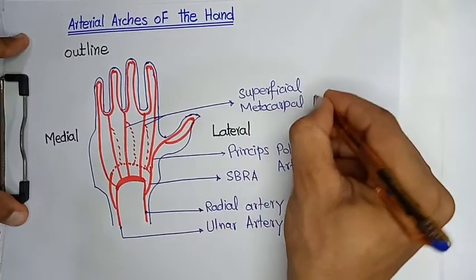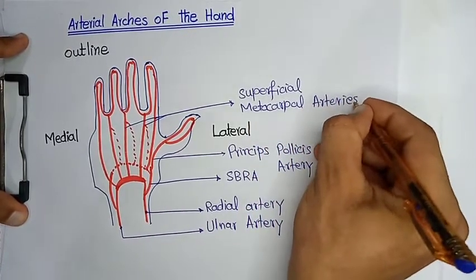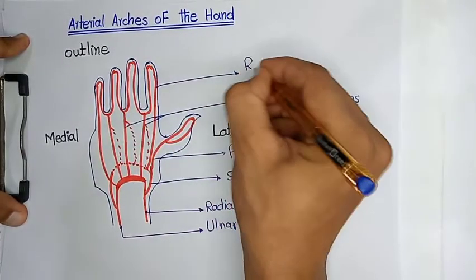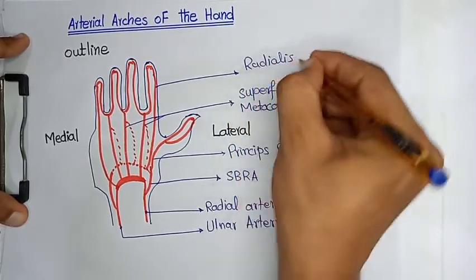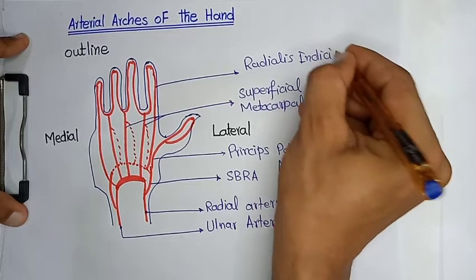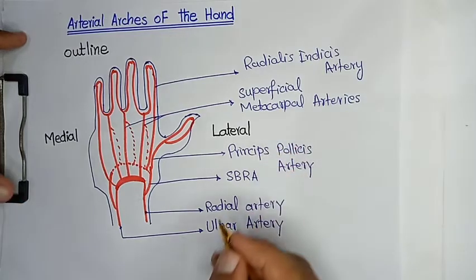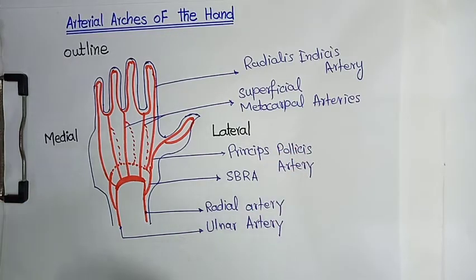These are superficial metacarpal arteries. Now inside the outline, this is the superficial palmar arch of the hand and deep palmar arch, the diagram on the left side and labeling on the right side.